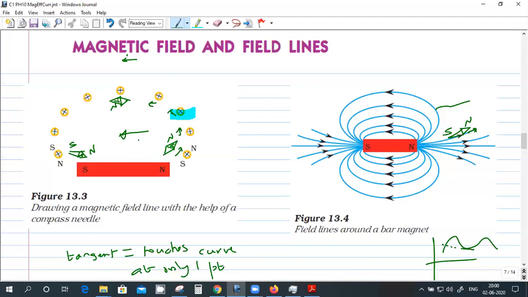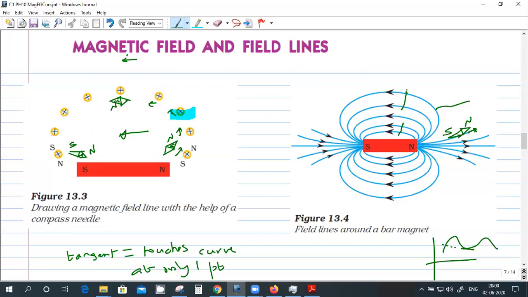Another way of conveying this information that the magnetic field is strong is by the density of lines. If I draw a line perpendicular to these curves, the field lines, the number of field lines cutting this line per unit length gives the density of lines. Here the density of lines is more compared to here.